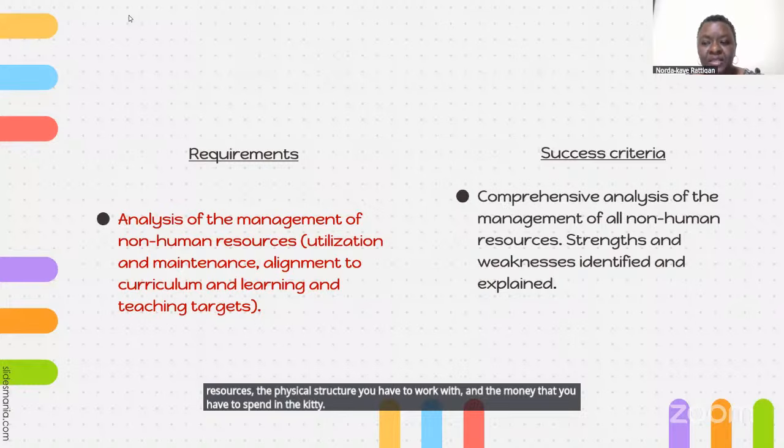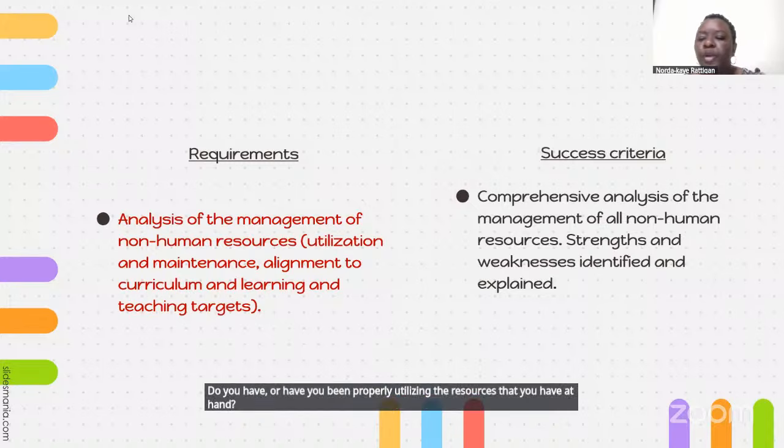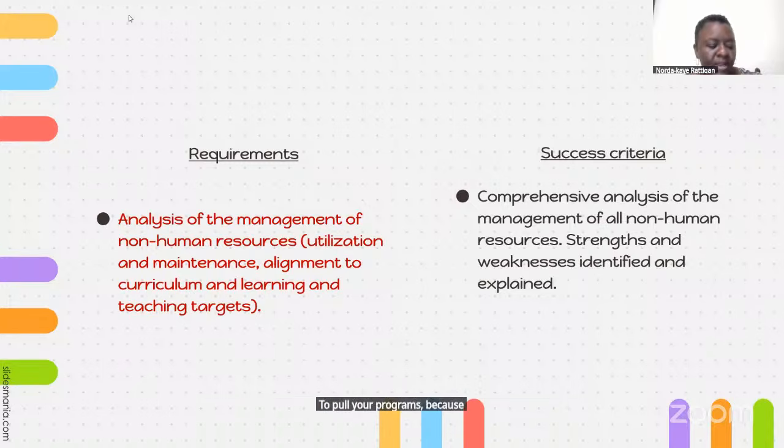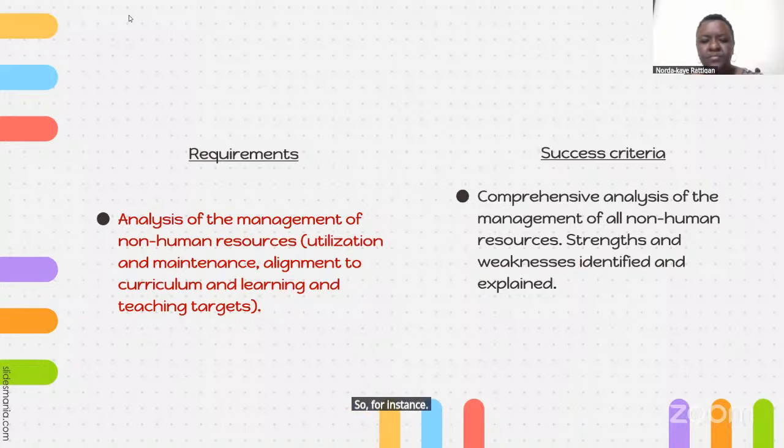Now, all of these things, you have to look at them to ensure that you have, or have been properly utilizing, the resources that you have at hand to run your programs. Because, hey, we know that we're not getting any extra teachers. We may not get the extra money. So how do we work with what we have? For instance, you have 6 teachers and you need to implement a reading program.